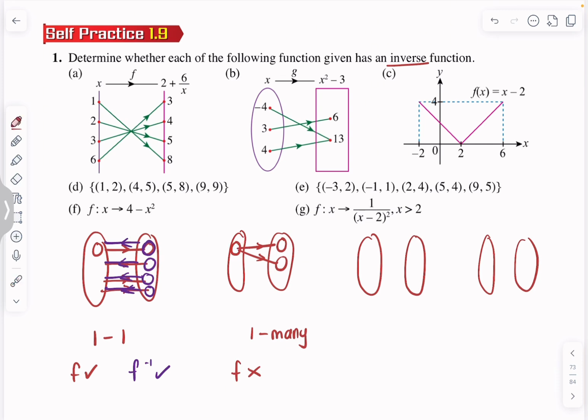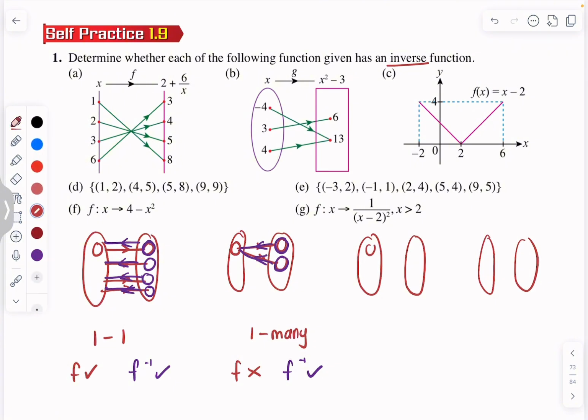But for the inverse function, going this way, this one will exist, because now this one is the object. So one object only has one image. This object also only has one image. So the inverse function will exist.